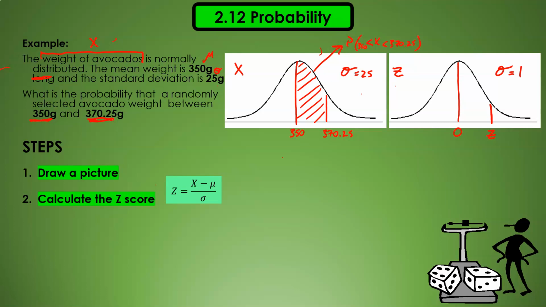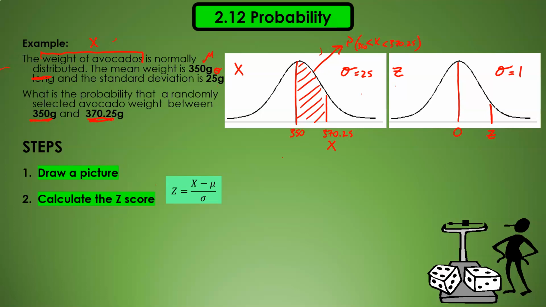All right. So the x value in this case is 370. Take away the mean, divided by the standard deviation.